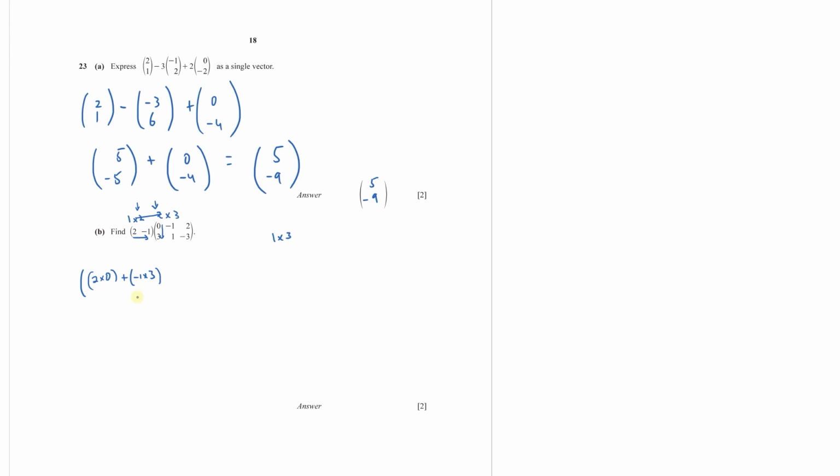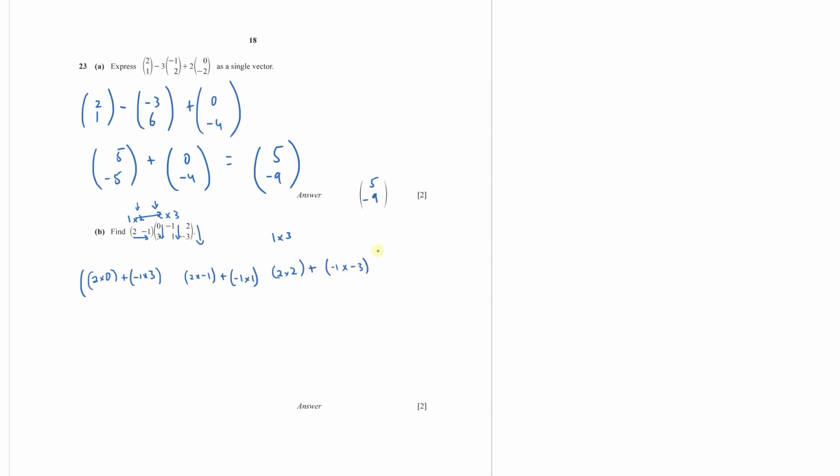Then you will do the same with the second column, which will be your second value in the resulting matrix. So 2 times minus 1 plus minus 1 times 1. And then the last one, 2 times 2 plus minus 1 times minus 3.